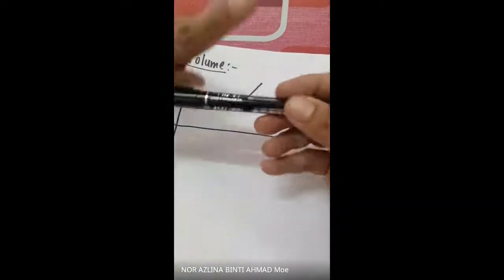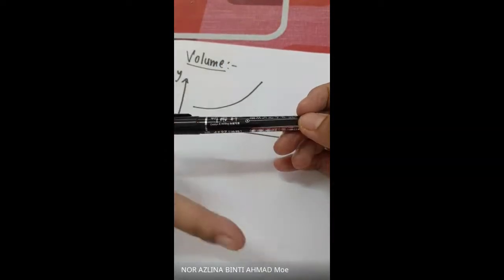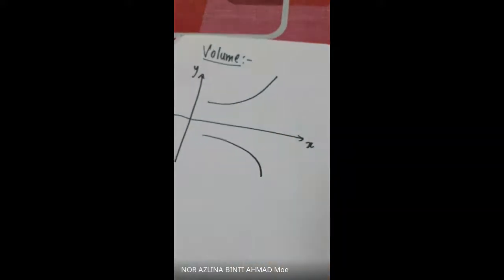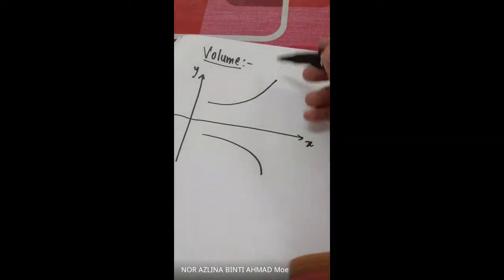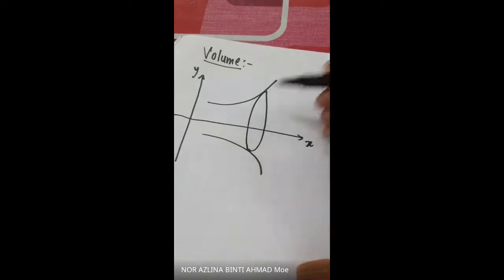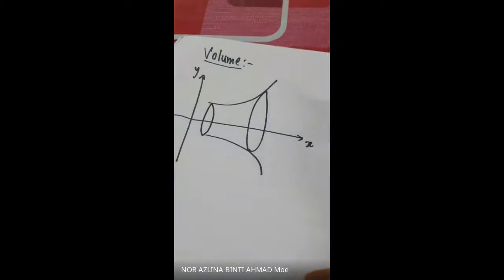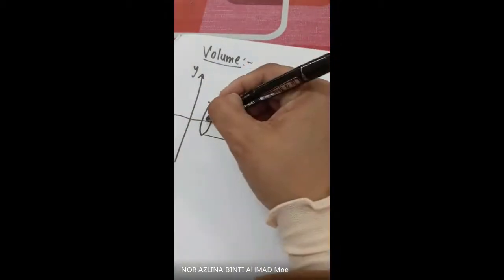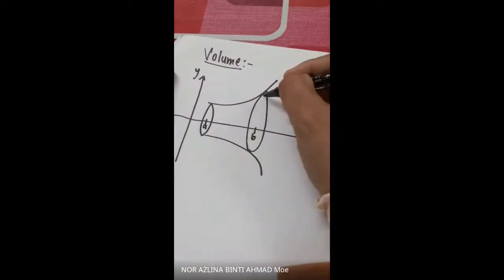Di bawah ini bila dia putar dia akan jadi terbalik. Panjang ni semua sama. So bila dia putar 360, dia akan jadi bentuk macam ni. This is from A to B. You kena imagine kalau dia putar, dia akan jadi bentuk macam mana.